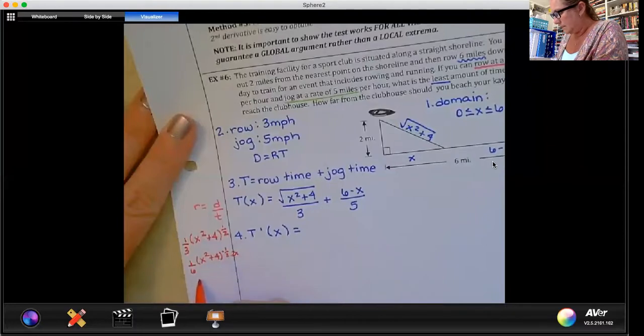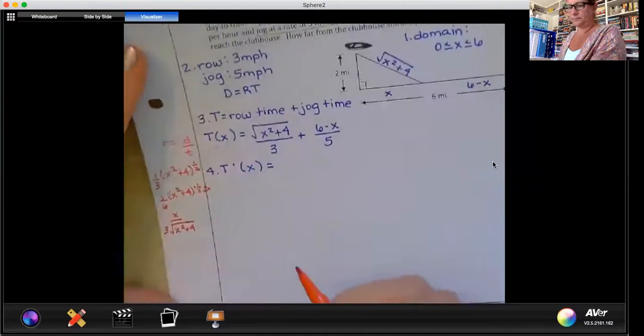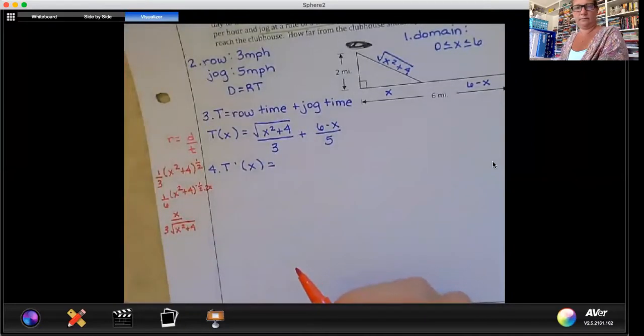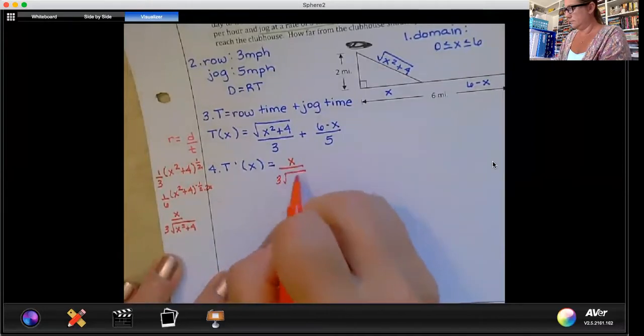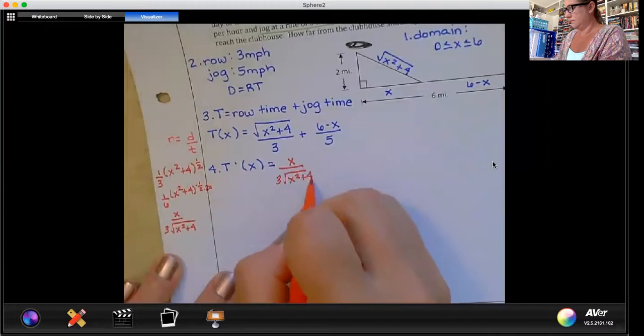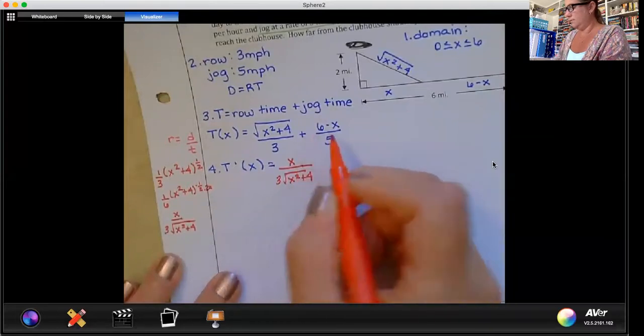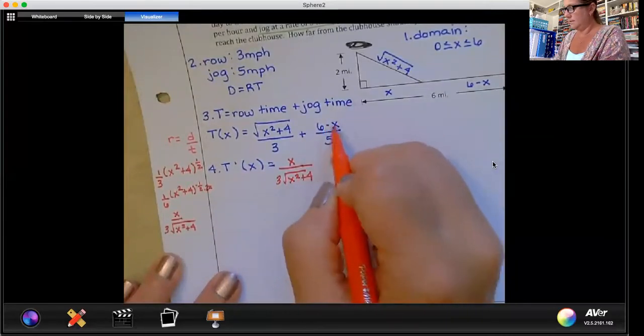And that's x over 3 square root of x squared plus 4. And then your derivative here, 6/5 is a constant, so negative 1/5.